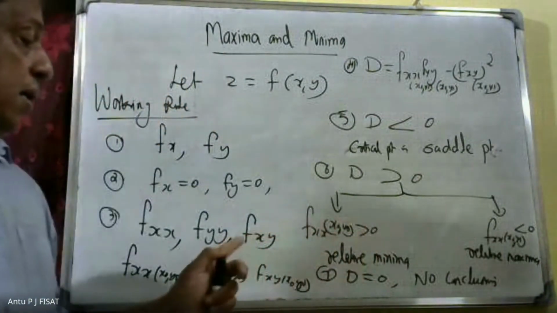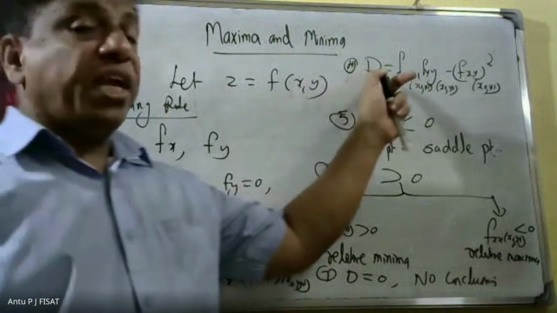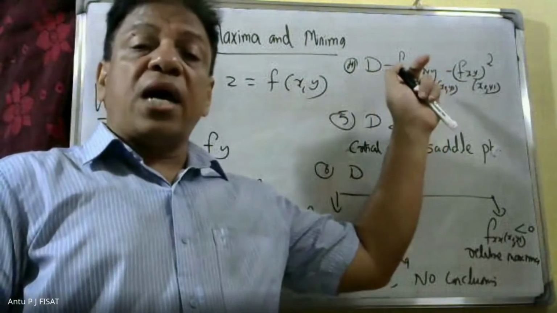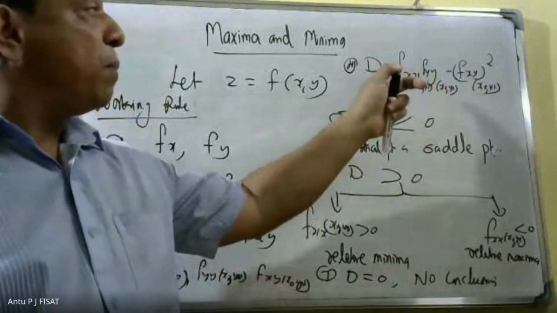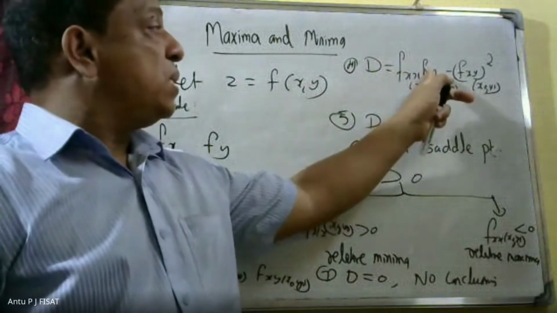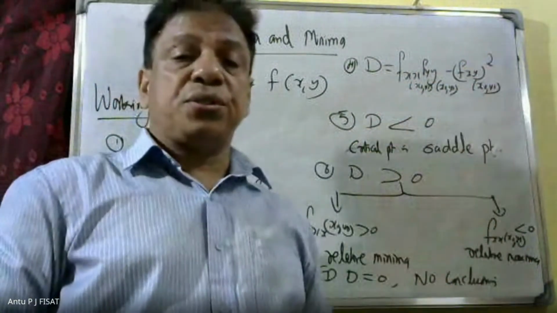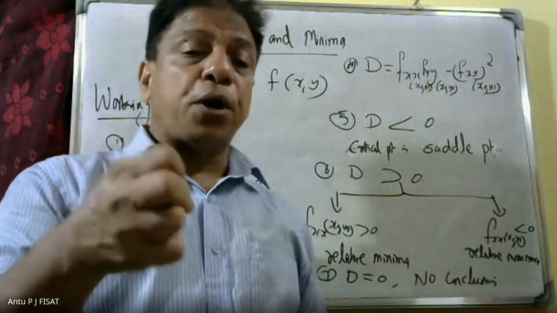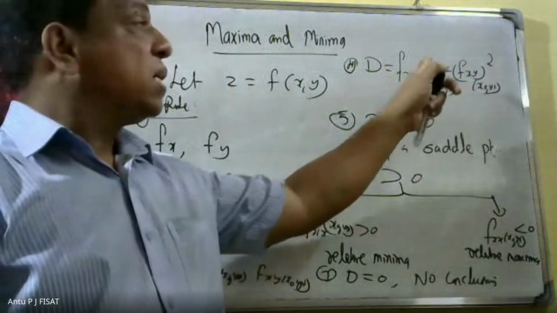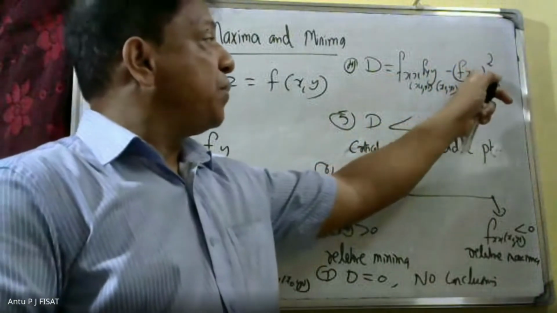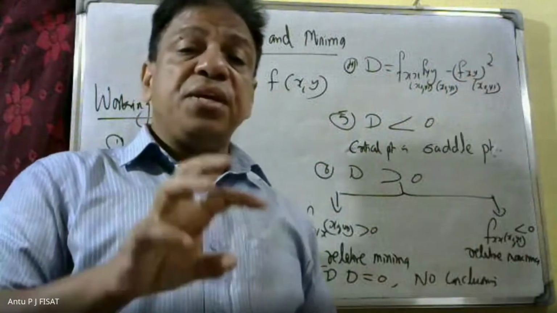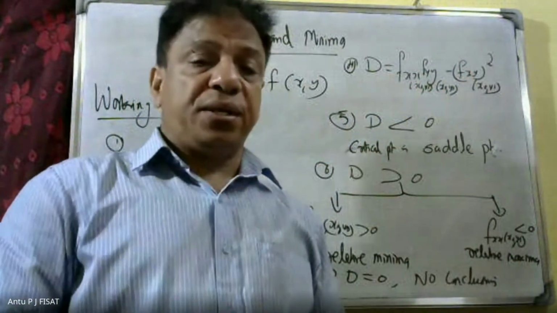Then calculate the value of D. To calculate the D, we have a formula. The formula is fxx(x0, y0) times fyy(x0, y0) minus fxy(x0, y0) whole square. We substitute the critical points in this, then we get different values of D.